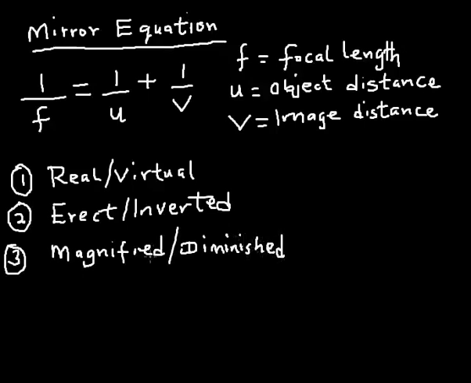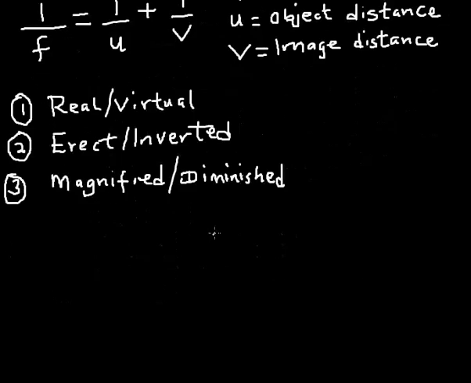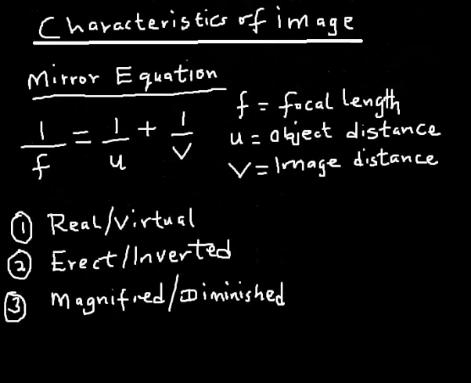So real, virtual, erect, inverted, magnified, or diminished: all this can be the nature of the image depending on the position of the object.